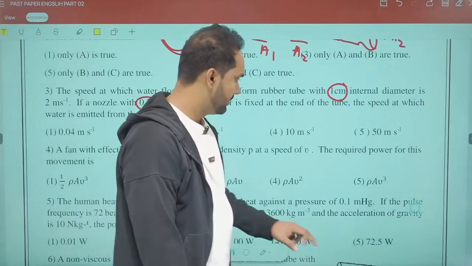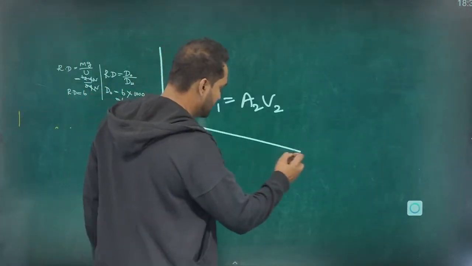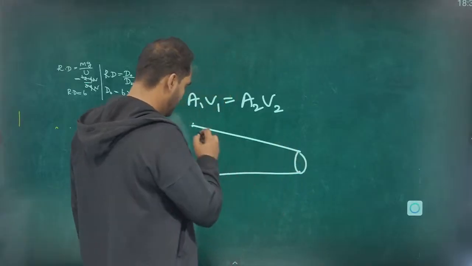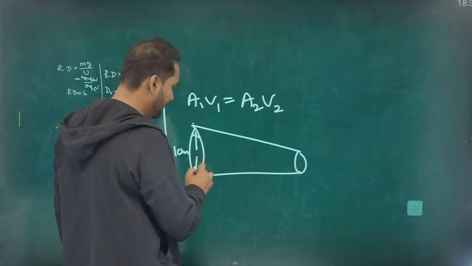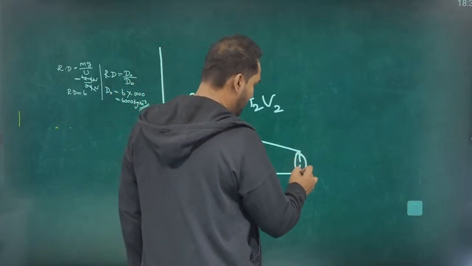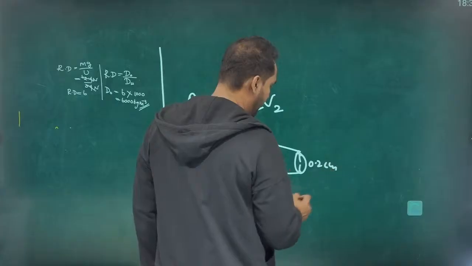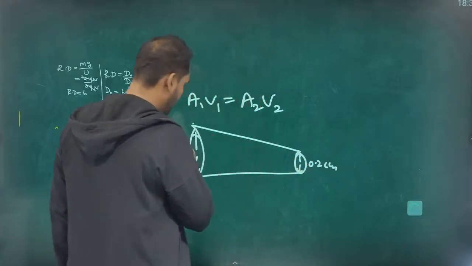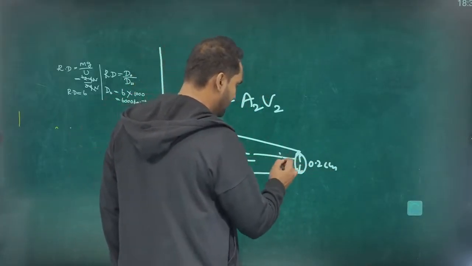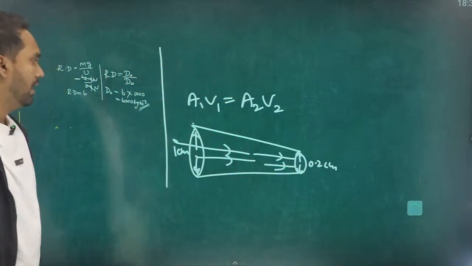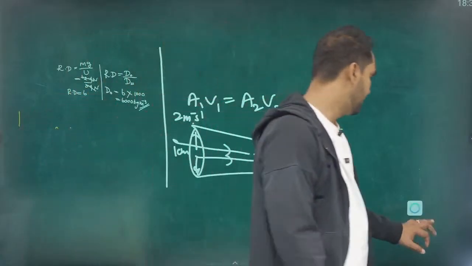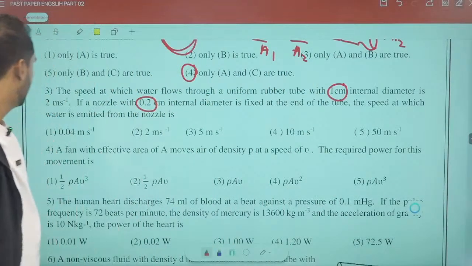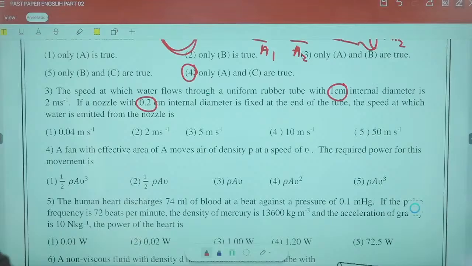It's something like this: 1 centimeter of diameter at the beginning and 0.2 centimeter of diameter at the end. The water flows through this, and the velocity at the beginning is 2 meters per second. They're asking for the final velocity, right?